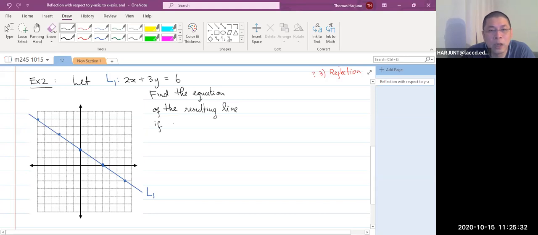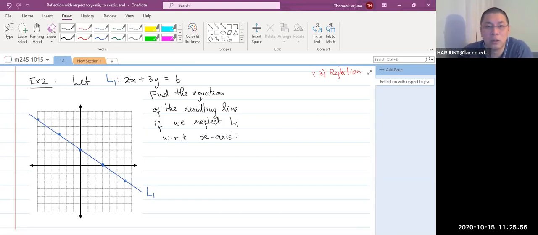if we reflect line 1 with respect to, let's say, x-axis. If we reflect this line 1 with respect to x-axis, what will the equation of the line be?